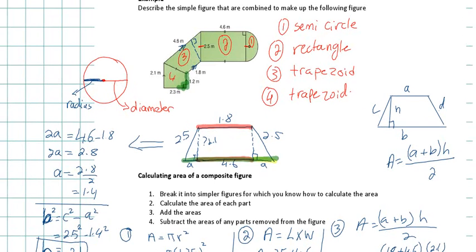Because remember that A and B are the two parallel lines. So A is 1.2 and B is 2.1. Then the height has to come down from A to B at a perpendicular line. But I already have that. It's right here. So the height is already given to me.